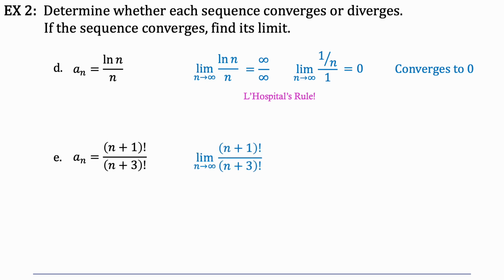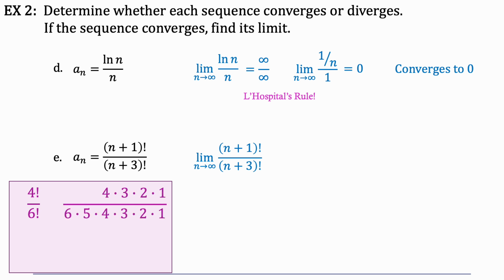Oh my goodness. How do you take the limit as n approaches infinity of factorials? Let's review factorials for just a moment. Let's say I have 4 factorial over 6 factorial. 4 factorial is 4 times 3 times 2 times 1. 6 factorial is 6 times 5 times 4 times 3 times 2 times 1.